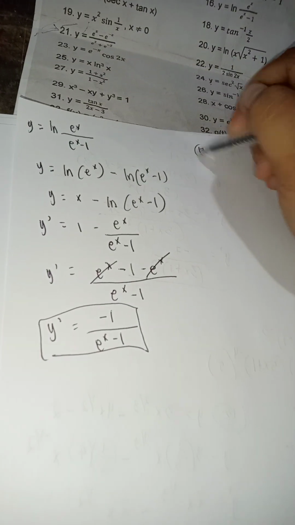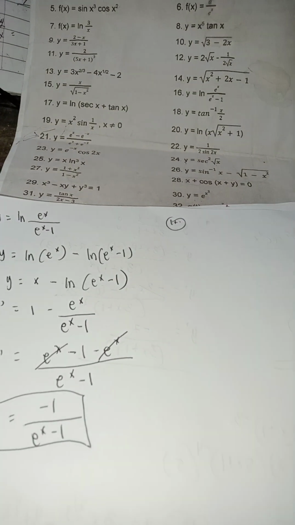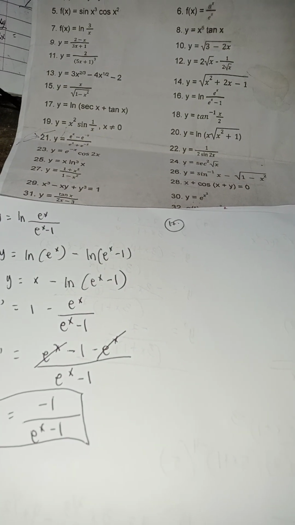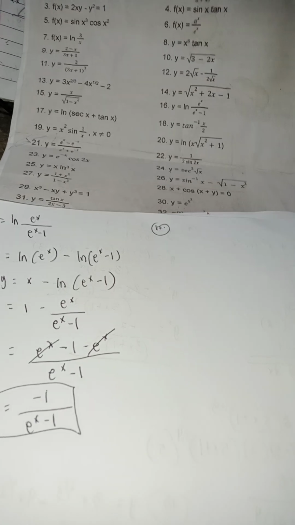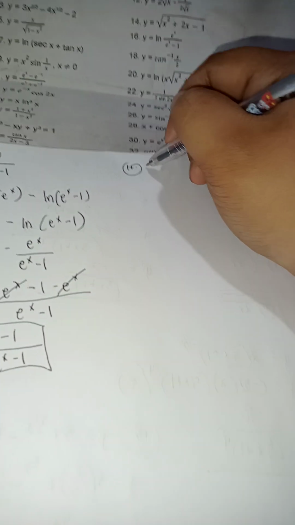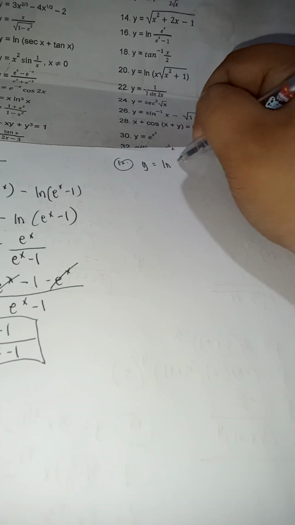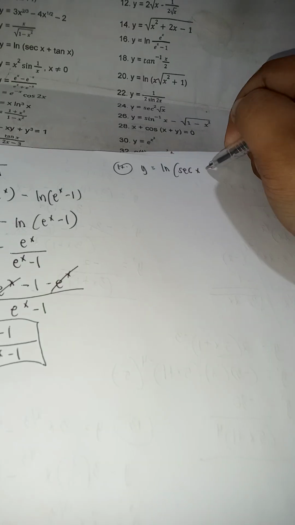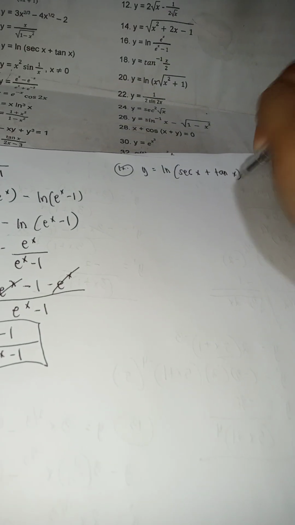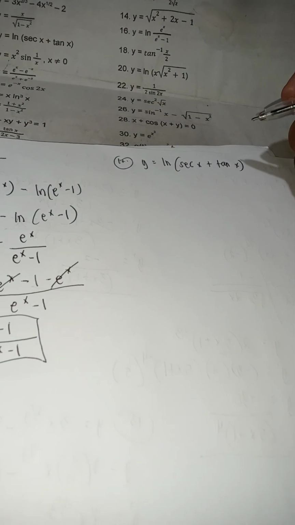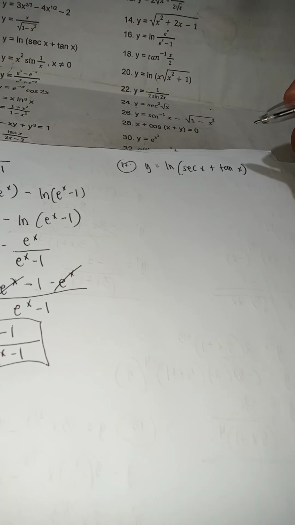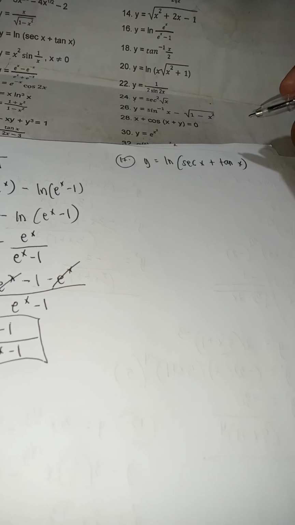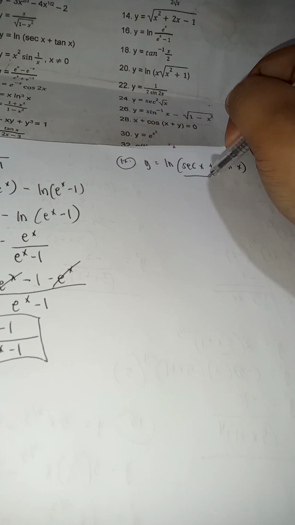So number 17. We have here the problem ln of secant x plus tan x. Okay. So y is equal to ln of secant x plus tan x. So first, we are going to differentiate the u. Our u is this one.